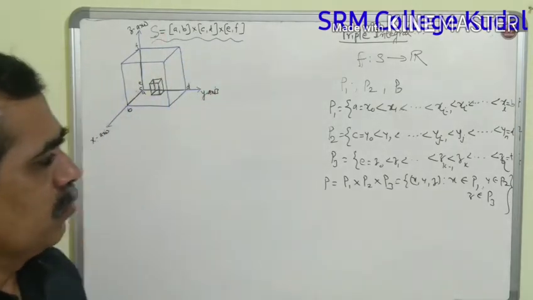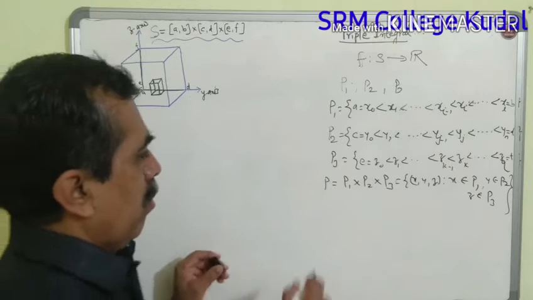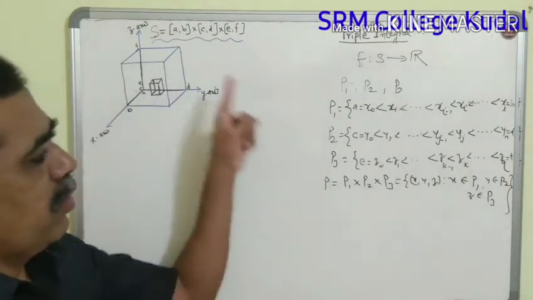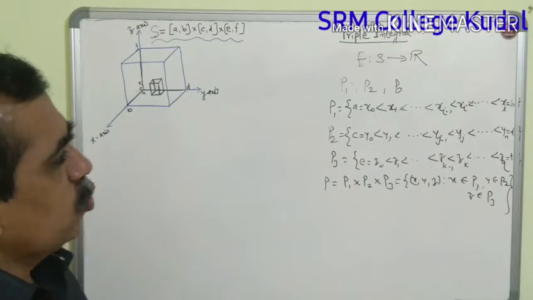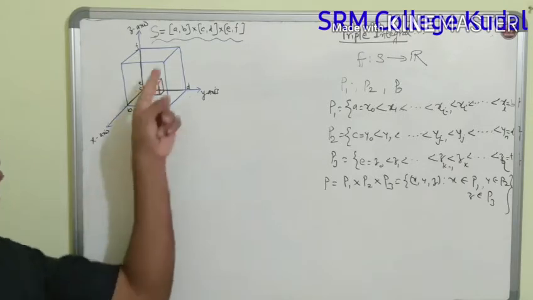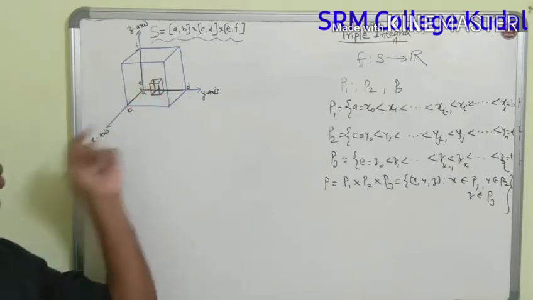Now as we have defined the partition, our aim is to divide this cuboid into smaller parts, that is subcuboids, just as we divide an interval into subintervals and a rectangle into subrectangles. So here you have to divide a cuboid into subcuboids.